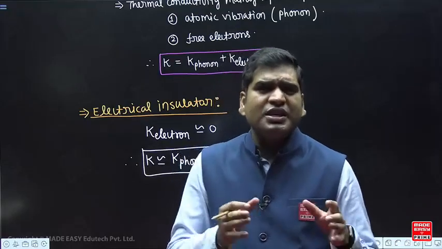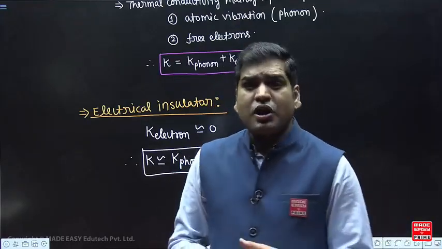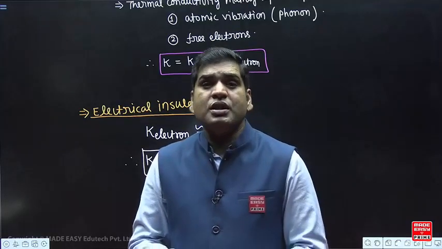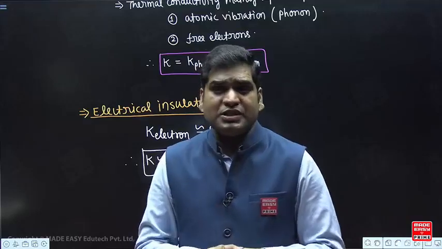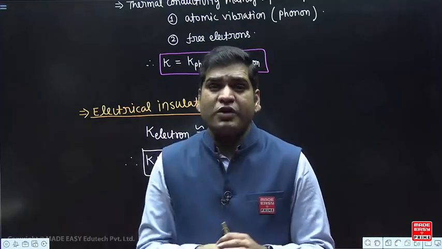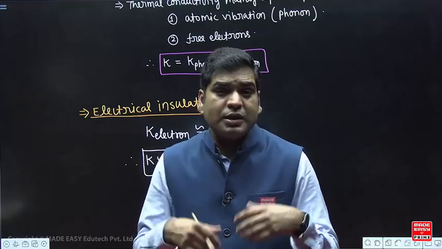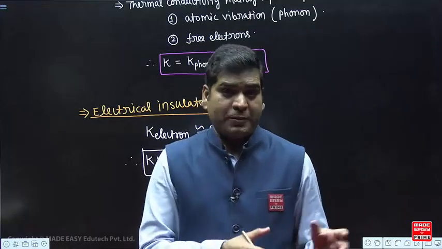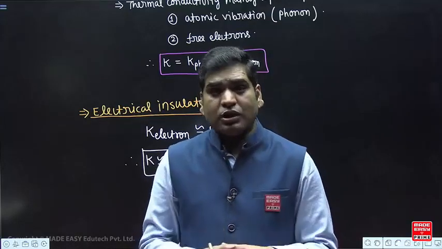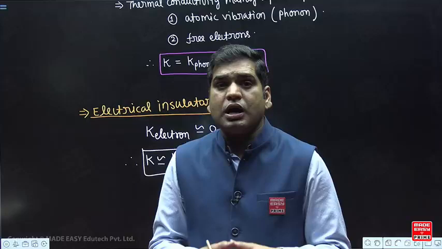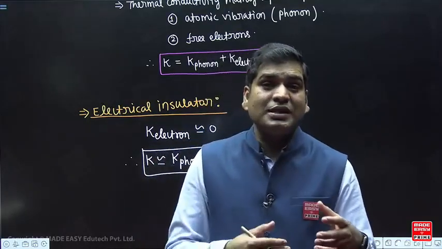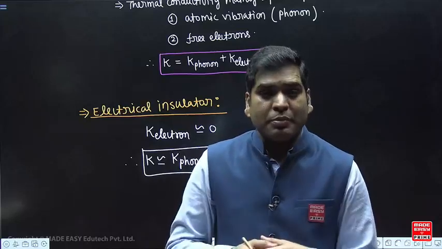But this generally does not happen with other materials. For example, ionic materials, which are electrical insulators, have very high packing efficiency, so the scope for atomic vibration is very small. Those materials are not able to conduct heat effectively. So most materials which are electrical insulators are also thermal insulators, but diamond is an exception, because it has very low packing efficiency, which gives it a high probability of atomic vibration.